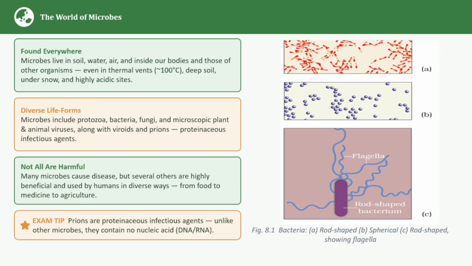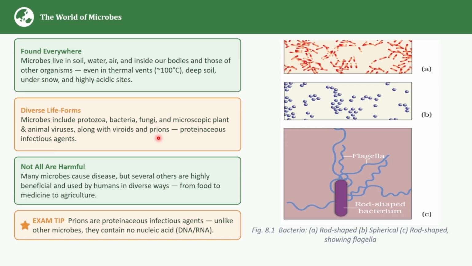So let's see the diverse life forms. What is this diversity? Here you can see microbial diversity: different organisms like protozoa, bacteria, fungi, viruses, viroids and also prions.